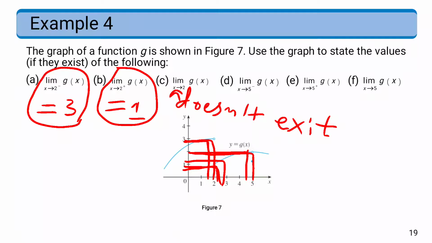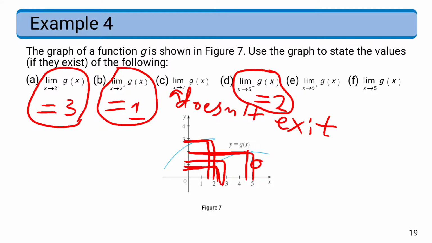Remember, you are not at x equal to 5. You come as close as possible, but don't get to x equal to 5. And you can see for this function that at x equal to 5, the value of the function is not 2. So for number D, we'll conclude that as we approach 5 from the left, the limit is 2. Okay, good.